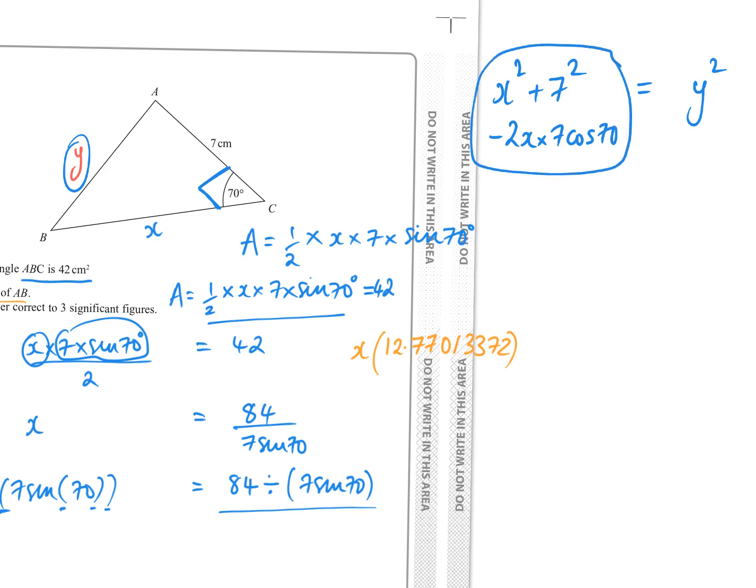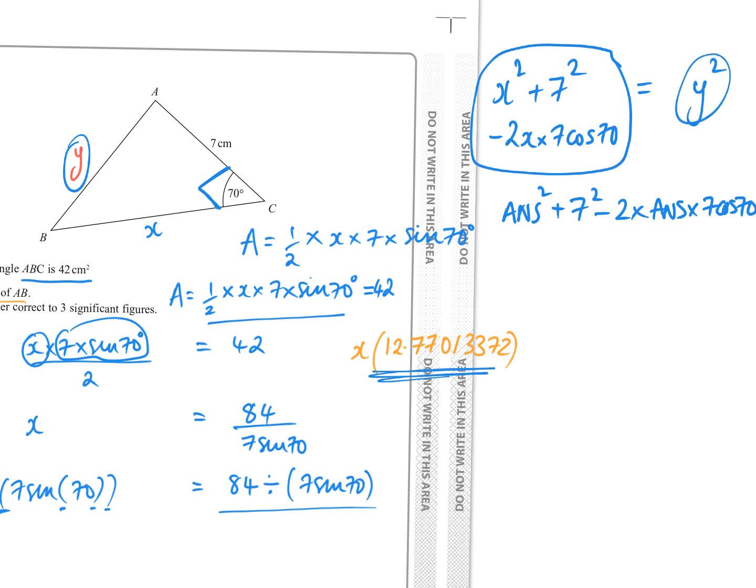So that's my left hand side expression, and all I have to do is put the value of x that I've already got here, and I can just put that as ans on my calculator. So I can do ans squared plus 7 squared minus 2 times ans times 7 cos 70, and then because it's y squared I can just put a big root sign around that.